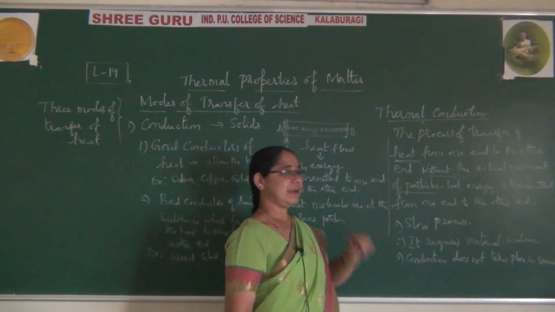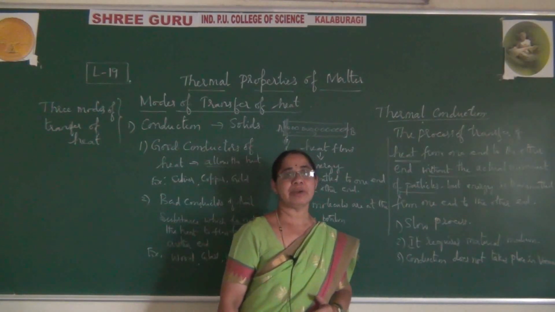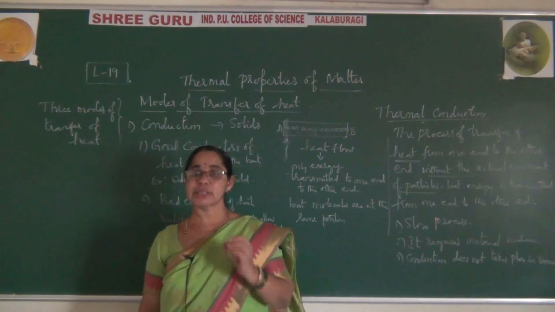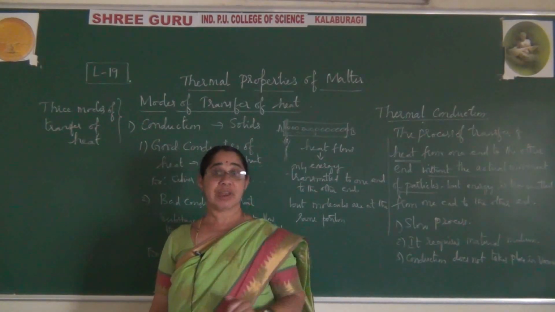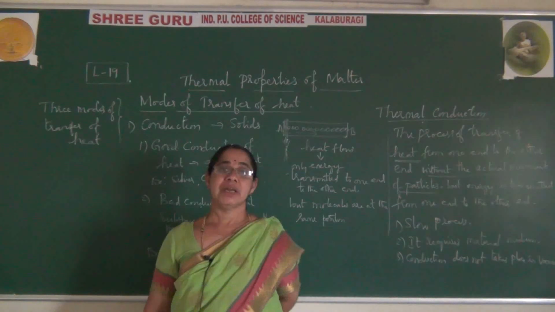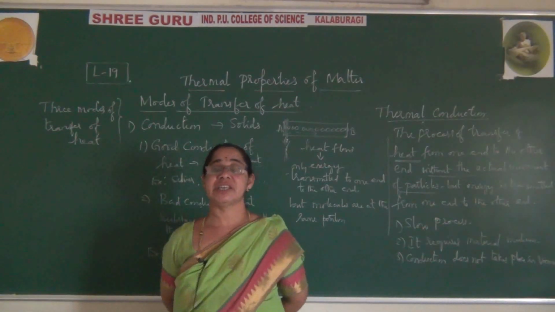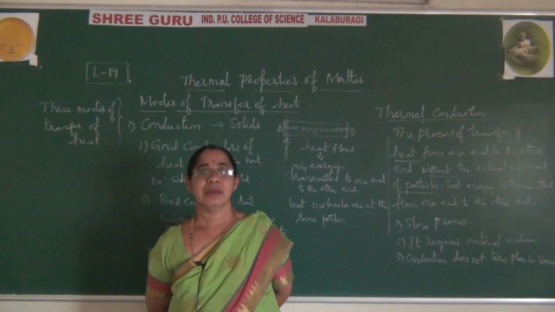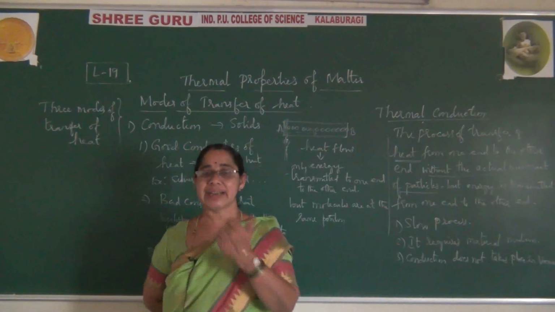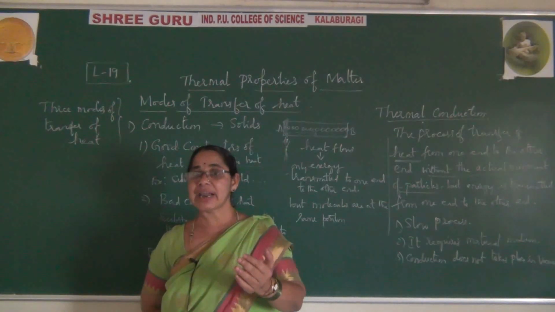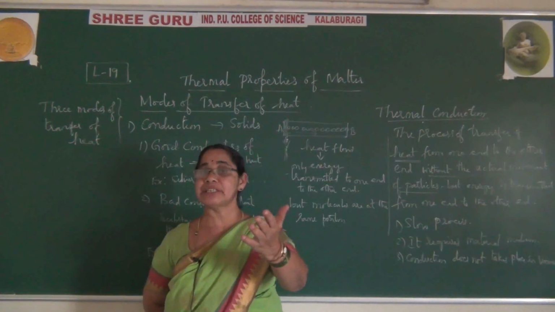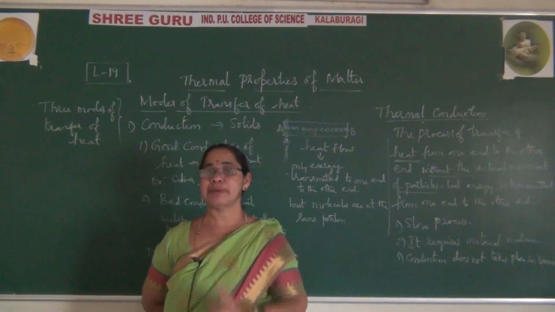Remember that conduction is a slow process, not a quick process. But radiation is a fast process. For example, if an apple is passed from one bench to another bench, it takes sufficient time to reach the last bench boy.